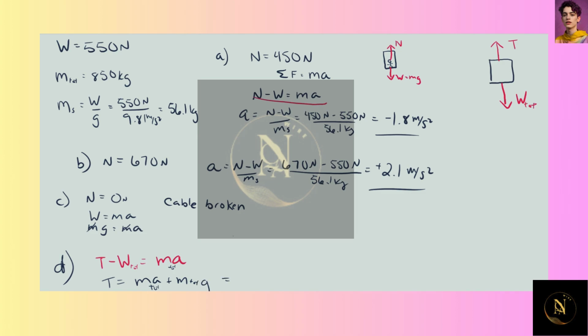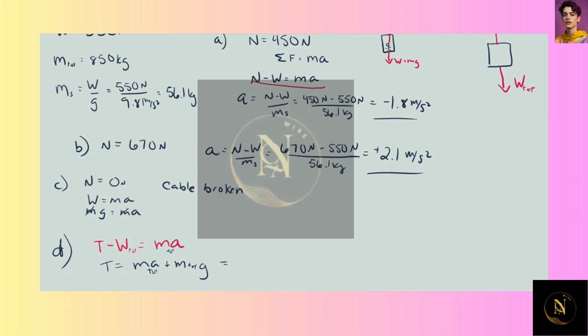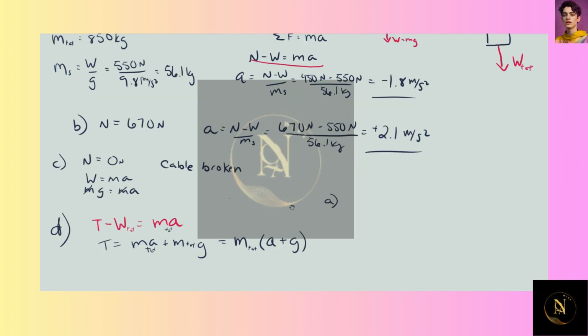So our tension is going to be the total mass times the acceleration of the elevator plus g.